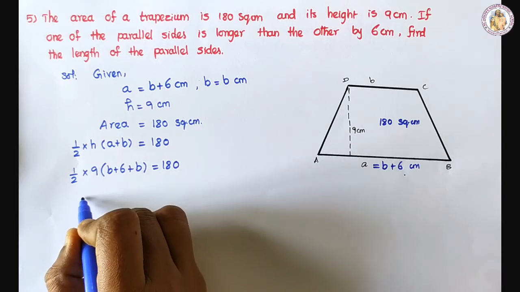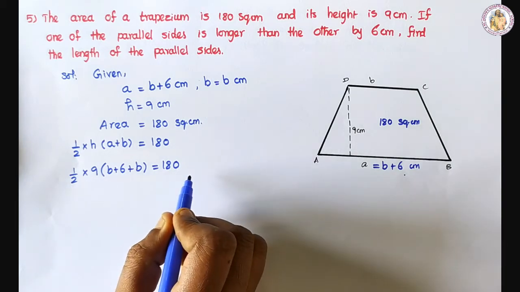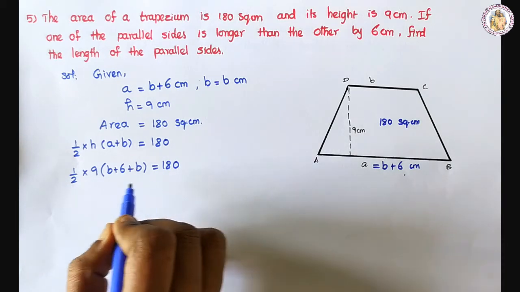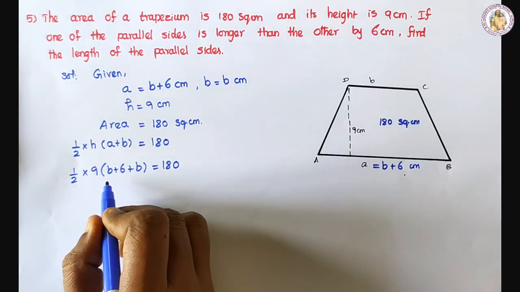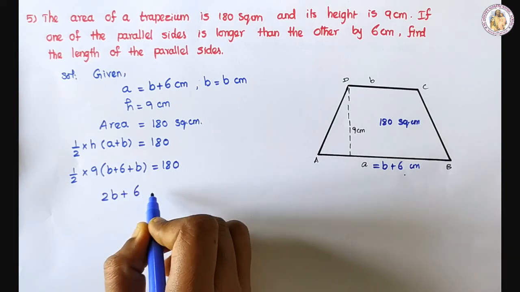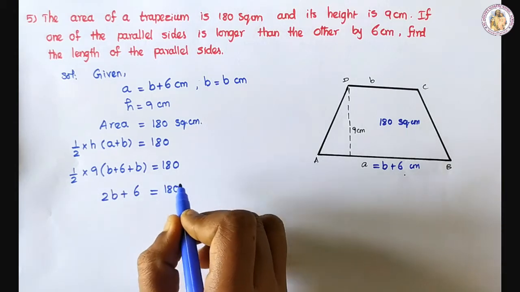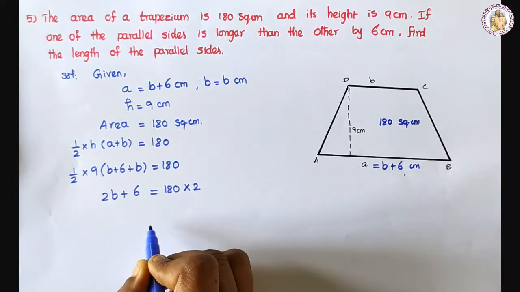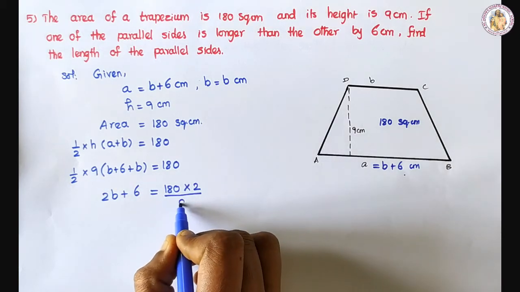Now 2 is in division, so bring the side means becomes multiplication, and 9 is in multiplication, it becomes division. So B plus B, 2B plus 6 equal to 180. 2 becomes multiplication, so multiplied by 2, and 9 become division, so divided by 9.